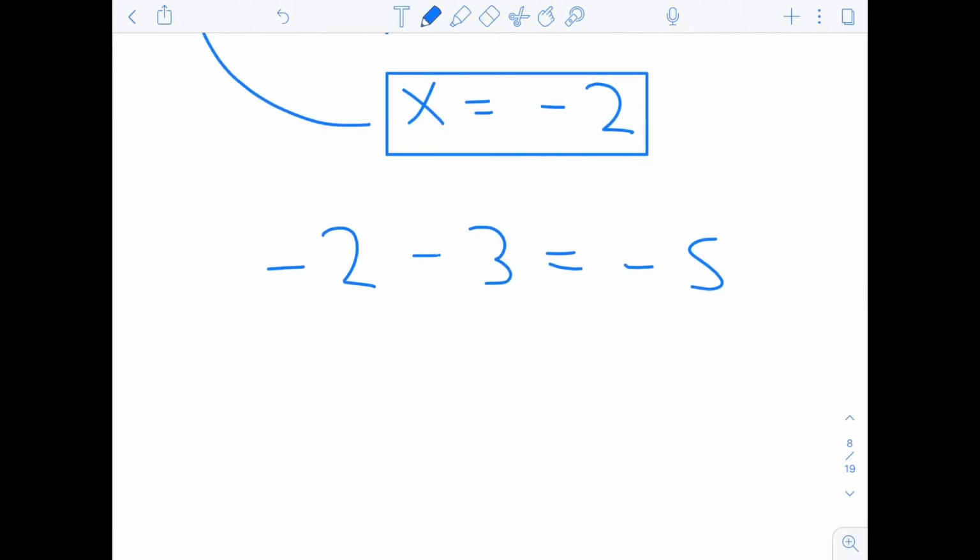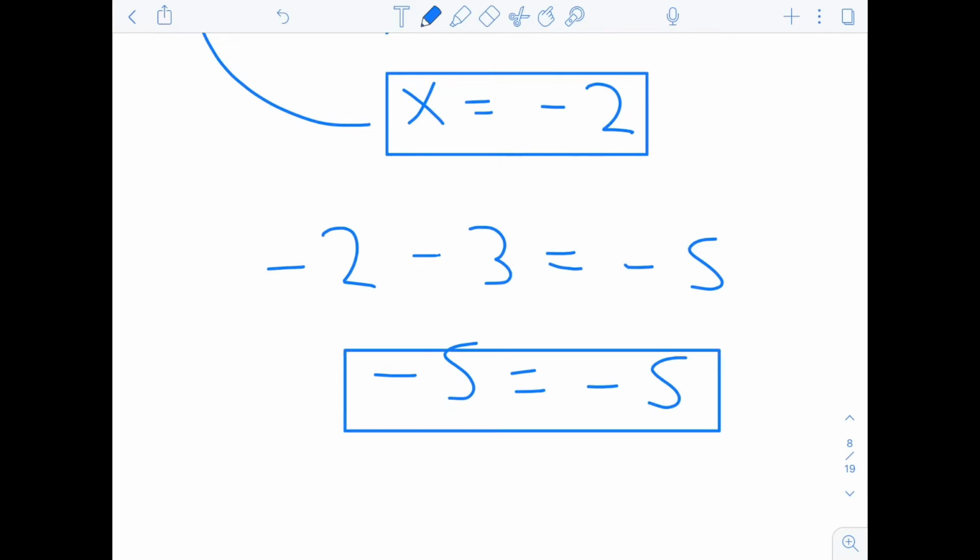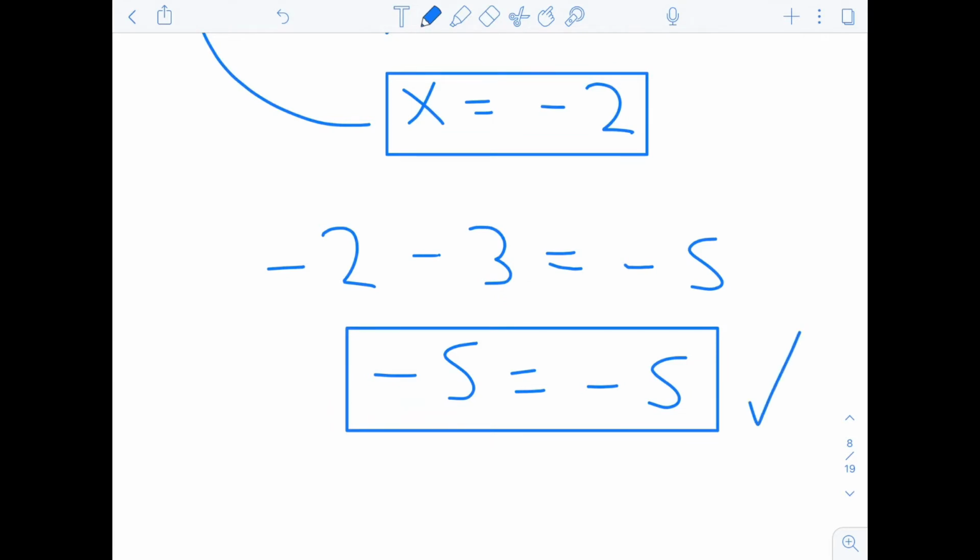Then you could evaluate. Negative 2 minus 3 is negative 5, and you get negative 5 equals negative 5, which is true. So you know that your answer is right. If you got something like 0 equals 1, then you know that your solution is wrong, that you did something wrong.